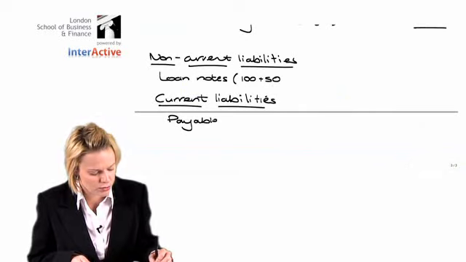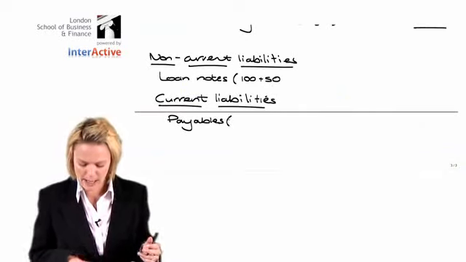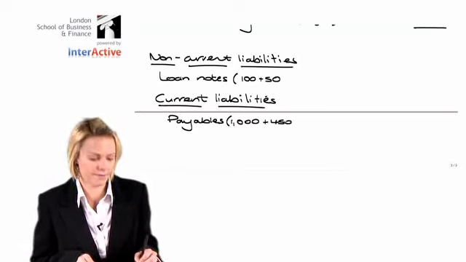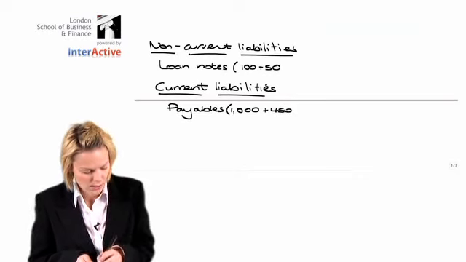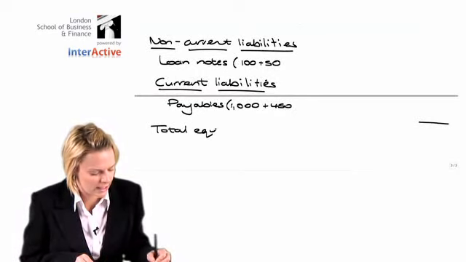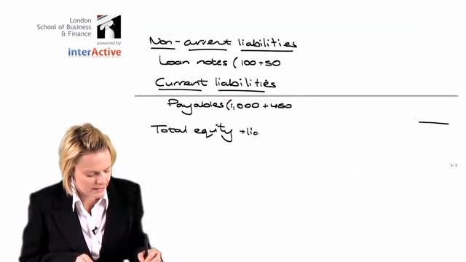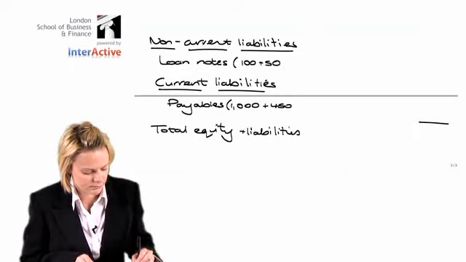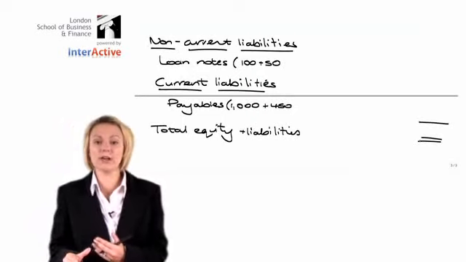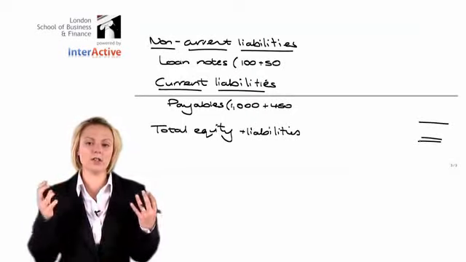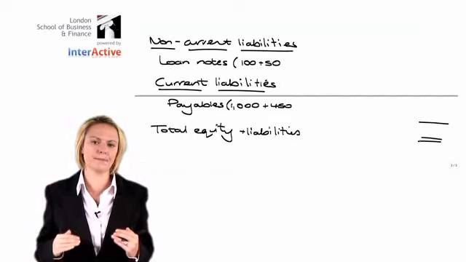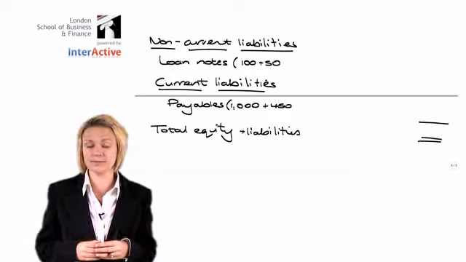So we've got some trade payables, open a bracket up, parent plus sub, 1,000 plus 450. And then if we leave a little line, that's going to give us total equity and liabilities. There we go. So if we have an investment in a subsidiary, the assets and liabilities of parent and sub are consolidated and added together on a line-by-line basis. And that would be step 2.